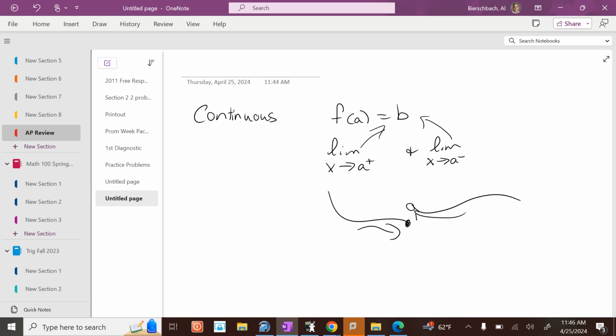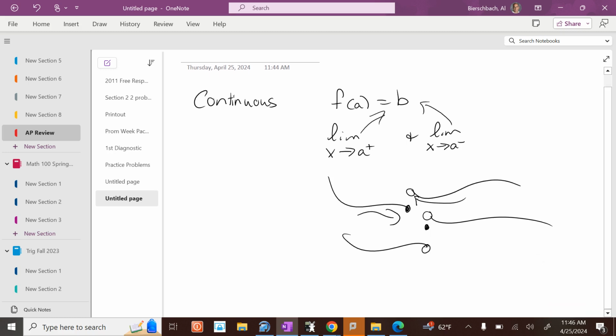Or you could have something like this. This is not a continuous function because not all the limits are the same. There's a number that exists for every point, but the limits have to be the same. Basically, they have to end at the same point.